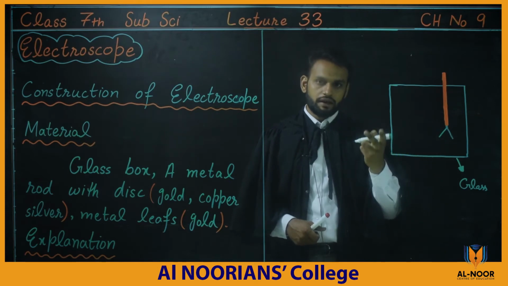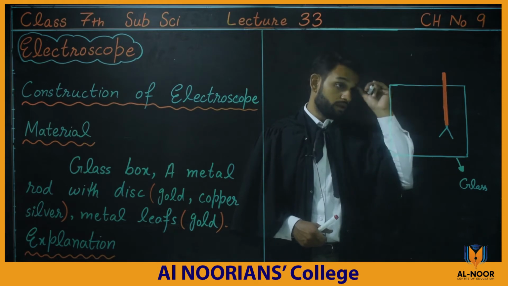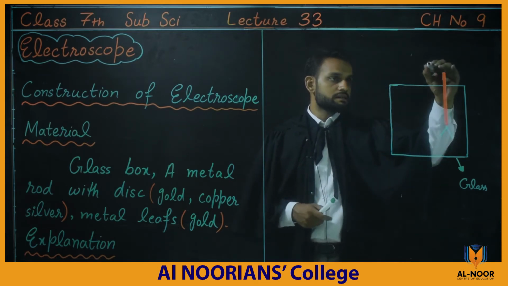The quantity of leaves is 2, no more than 2. Here we have a disc.